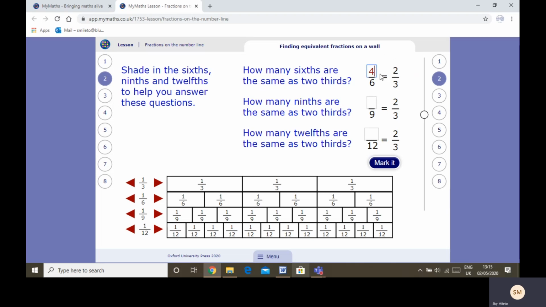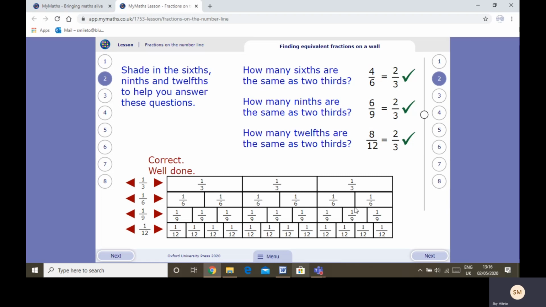So these are equivalent fractions, so we use an equal sign. 4/6 equals 2/3. Then we're looking at the ninths. We need 2/3 worth: 1, 2, 3, 4, 5, 6. 6 ninths equals 2/3. And then the twelfths, looking at this line here: 1, 2, 3, 4 in 1/3, 5, 6, 7, 8 in 2/3.